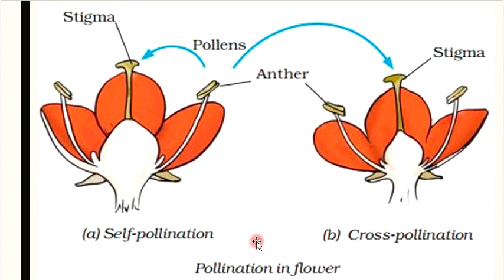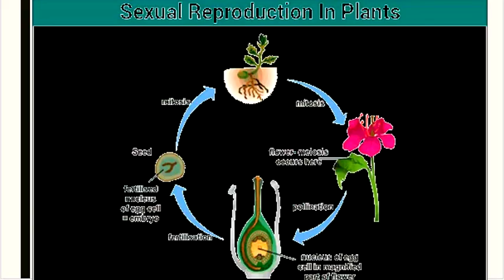Once the process of pollination is completed, then fertilization happens. Due to fertilization, a seed is formed, which further may develop into a new plant. So this is how sexual reproduction in plants happens.